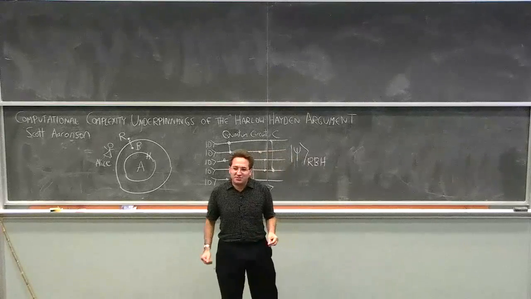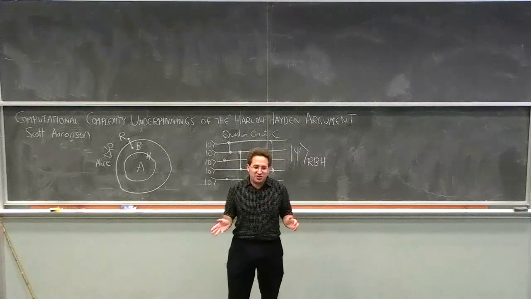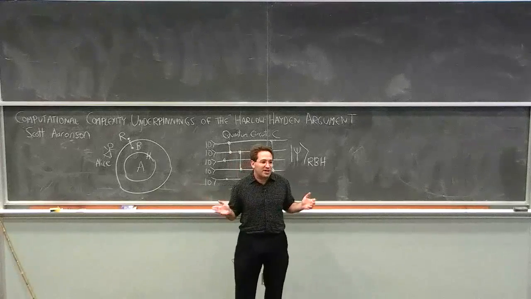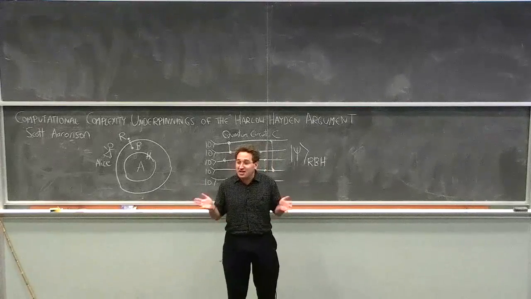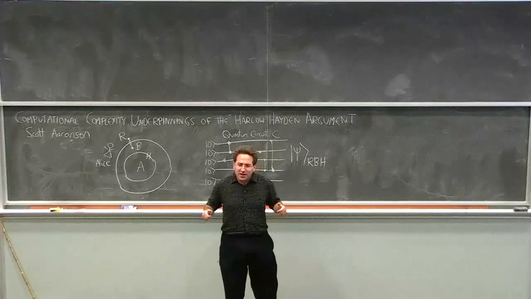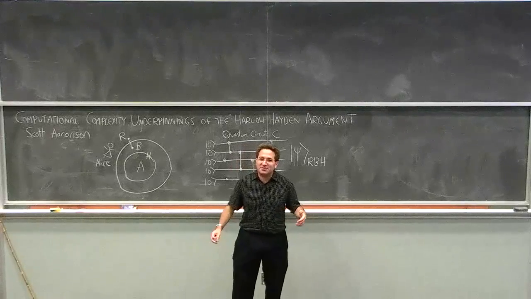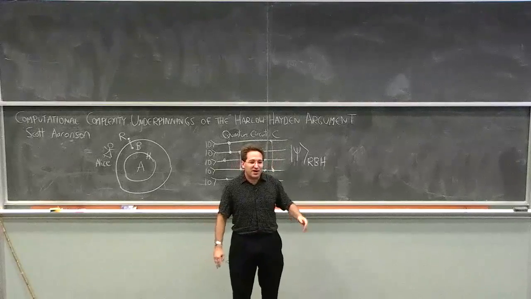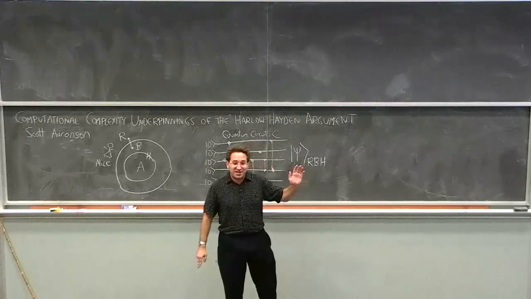Another position would be: yes, it's true that the Harlow-Hayden argument doesn't solve the problem by itself, and Harlow and Hayden say as much in their paper. But it might be used in conjunction with some other solution, as one of the prongs that makes you feel less bad.